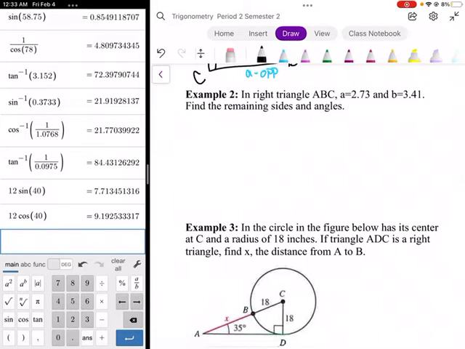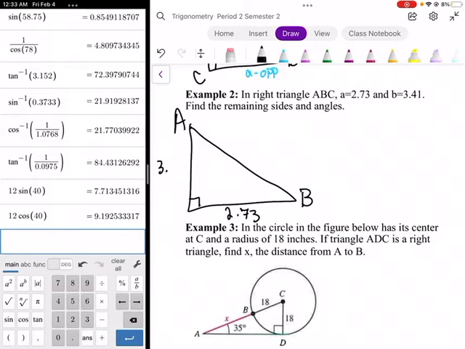Next, we're going to be doing another similar example with a right triangle where side length a is 2.73 and side length b is 3.41. This time we need to find the remaining sides and angles. So I'm going to use the Pythagorean theorem to find side length c.